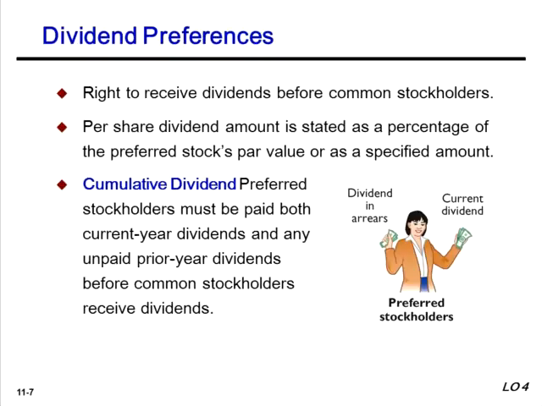Most corporations' preferred stock has what is known as a cumulative feature, which means that preferred shareholders must be paid not only the current year dividends, but any unpaid prior year dividends before the common shareholders can receive the current dividends. And the unpaid dividends from prior years are called dividends in arrears.